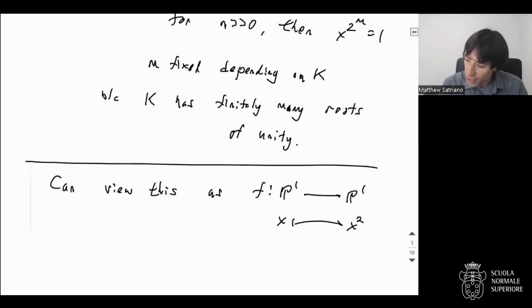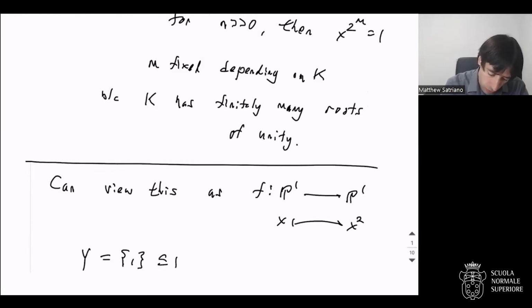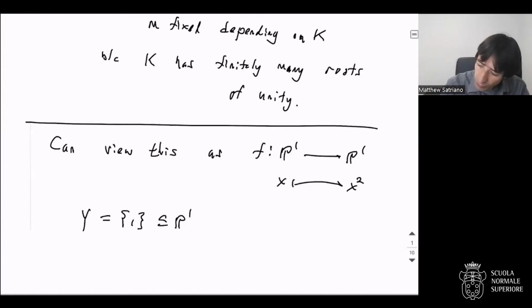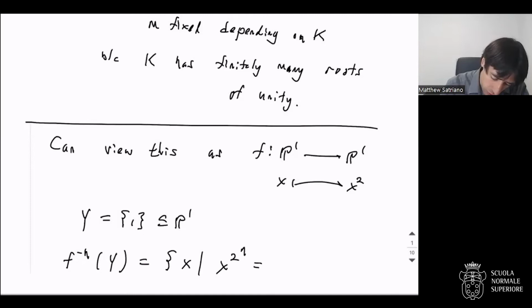If y is the point 1, a subvariety of P1, then the inverse image of y under F^n is all of the x's such that x to the 2 to the n is 1.